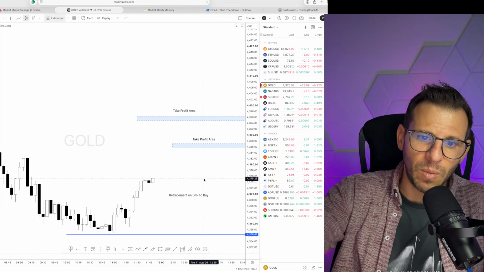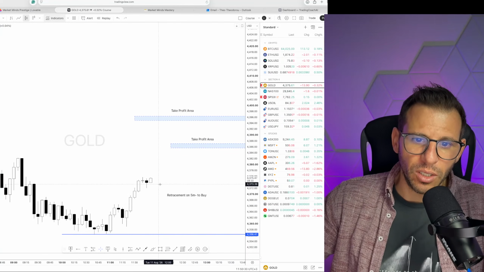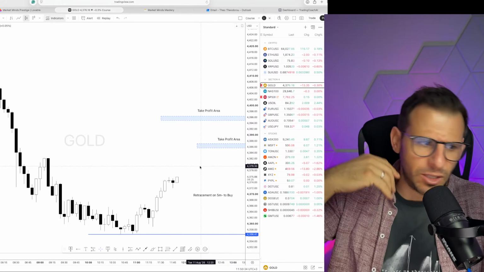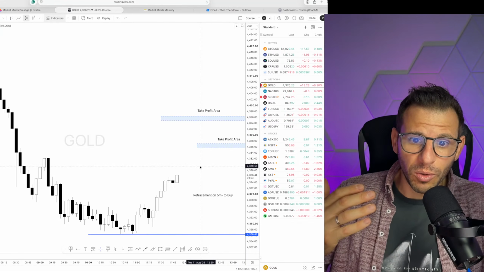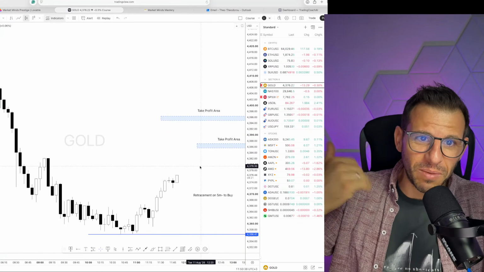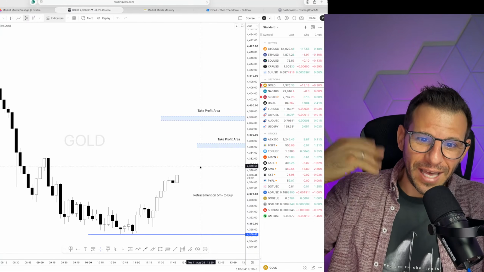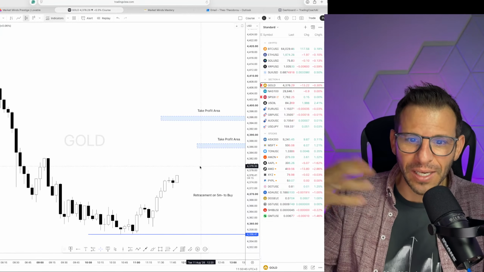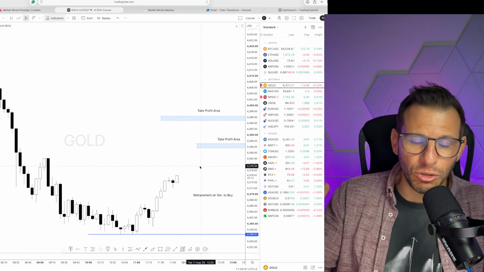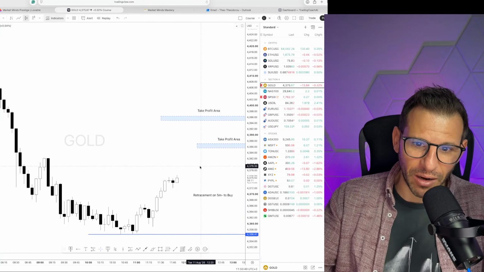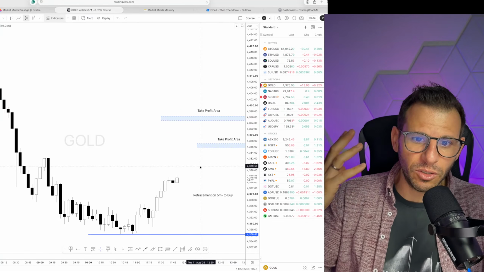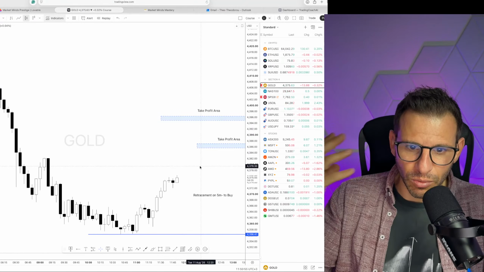I understand that market conditions changed, and we have more ranges, more sideways, the trends are different. It doesn't mean that because the market conditions changed, the indicators don't work. You see, I don't use indicators, but I like to be fair with everything out there. So just have the common sense to understand.